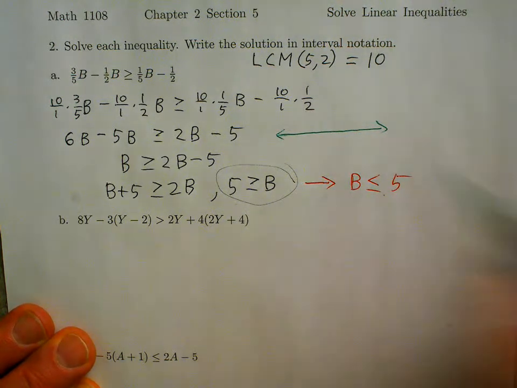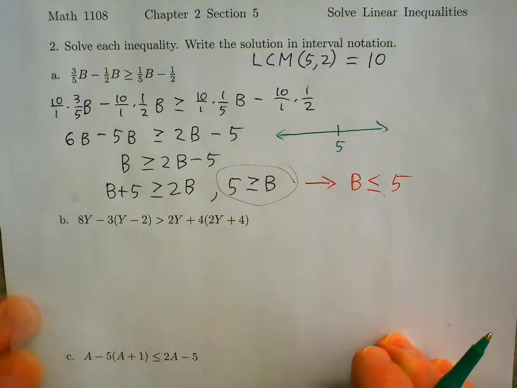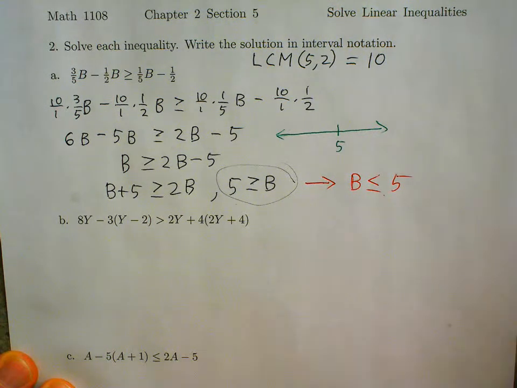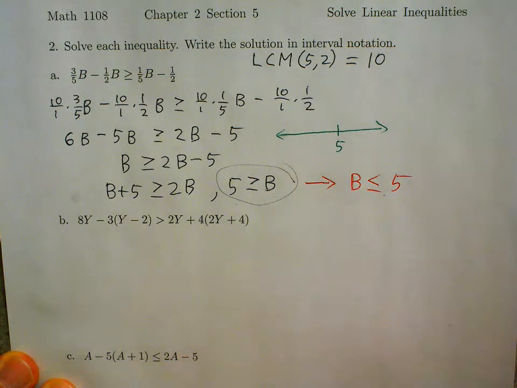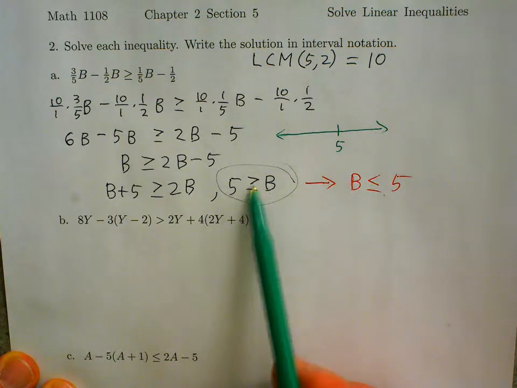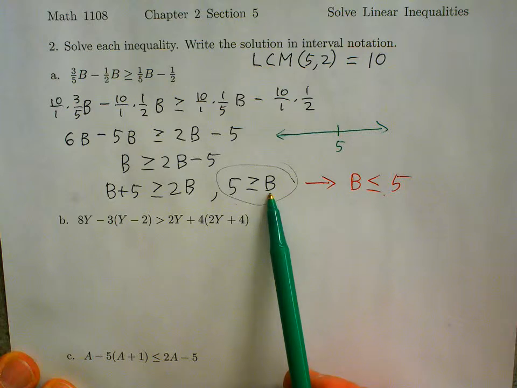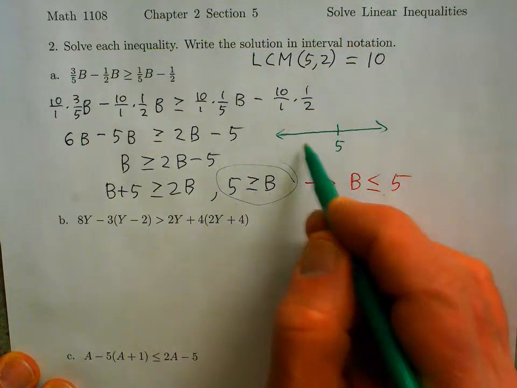Well, let's consider the number line. If we put the number 5, and if 5 is greater than or equal to b, then on what side of the number line would the numbers b have to be on? The right side? Yeah, then b is on the left side, right?